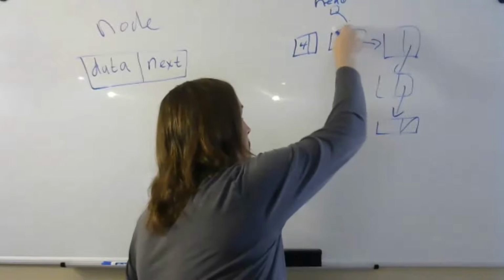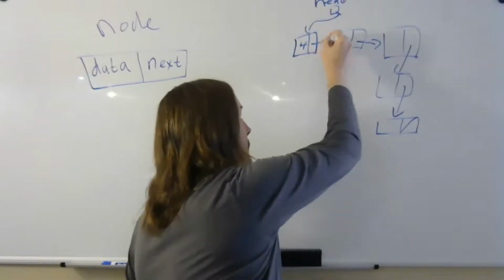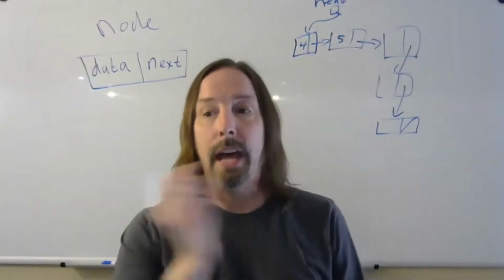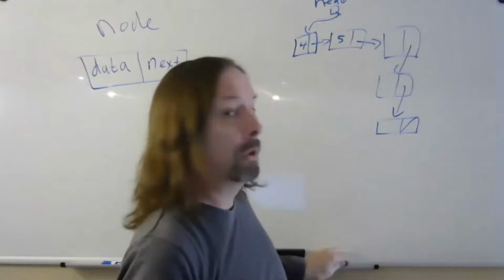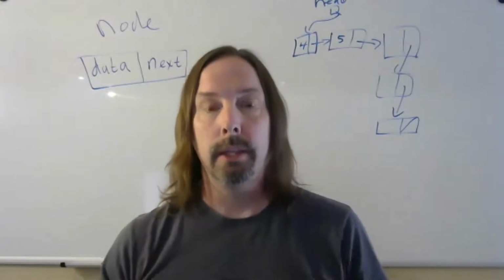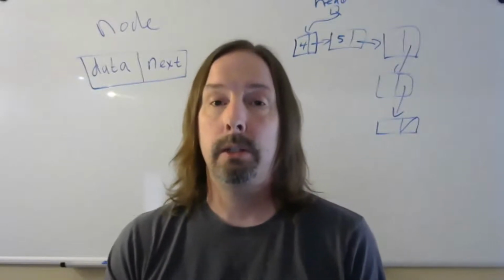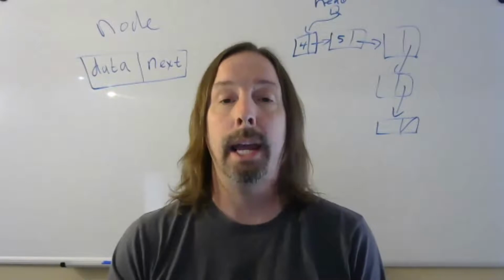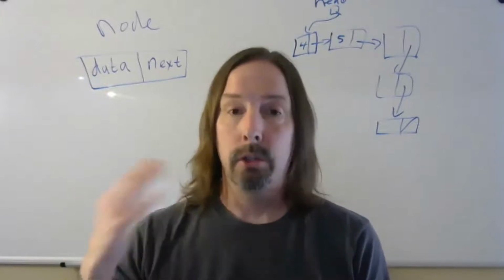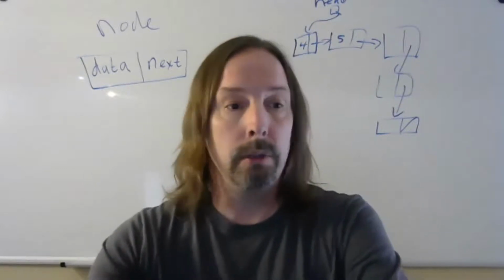My head pointer is pointing at it, and its next is pointing there. I have to make sure that is what my list looks like when I'm done inserting at the head of the list. This is the simplest and also most computationally efficient way to put something into a list, assuming it doesn't have a tail node, which we don't have. We'll talk about tail nodes later.